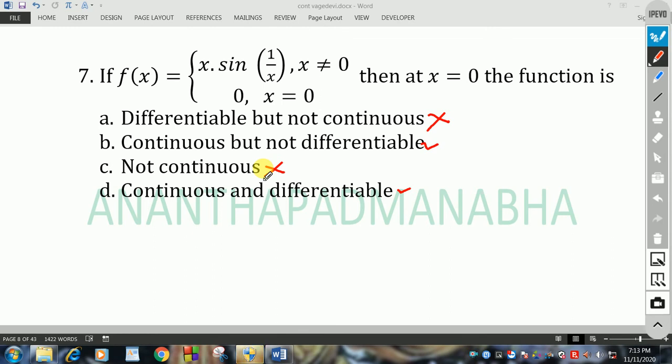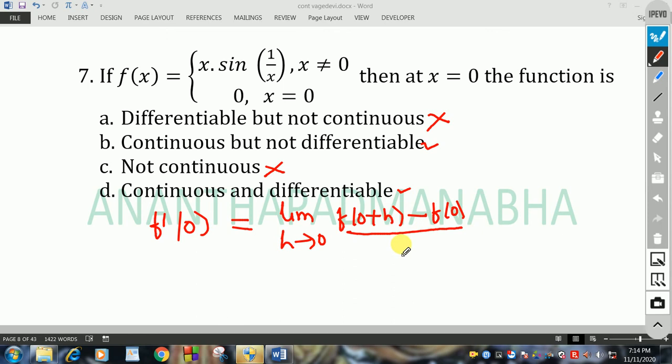As I have to check for differentiability now, I will write the definition of derivability of a function at 0. f dash of 0 is limit as h tends to 0 of f of 0 plus h minus f of 0 by h is the definition of the derivability, that is differentiability.